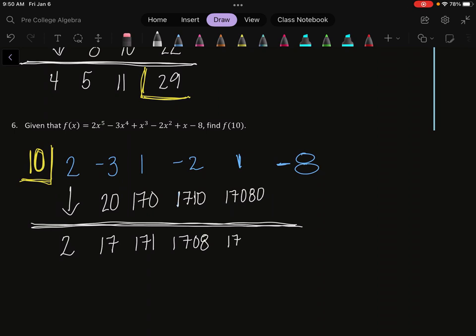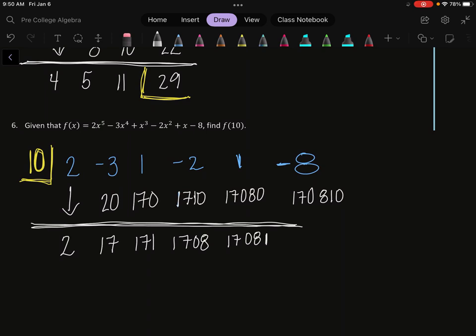And we add 1, 17,081. Times 10. Oh, not 080, 081. And if we times that by 10, that's 170,810.